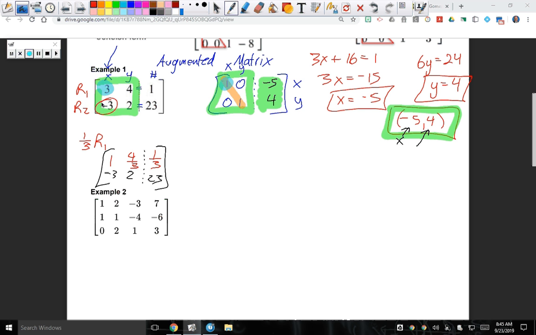My best rule that I can tell you right now is that when you're trying to make something into a 1, you're going to multiply or divide. If you're trying to make something into a 0, you're going to do what? Add or subtract.